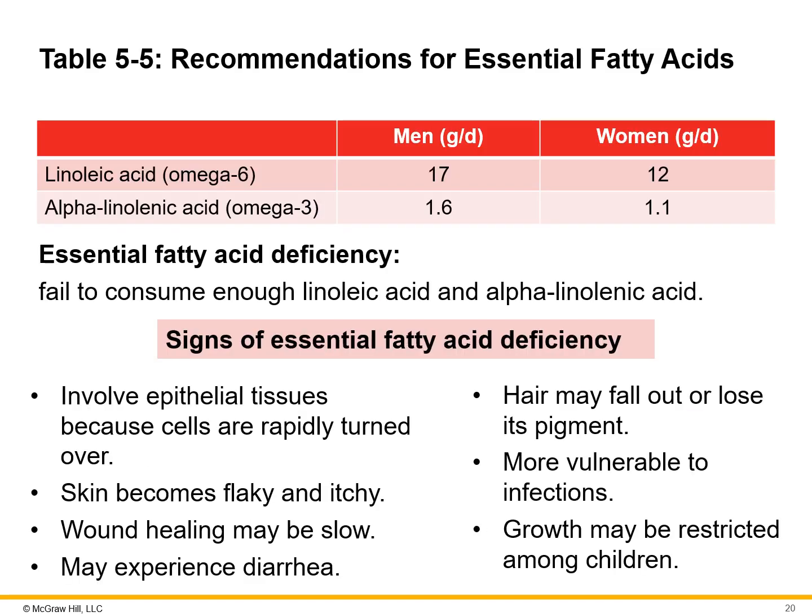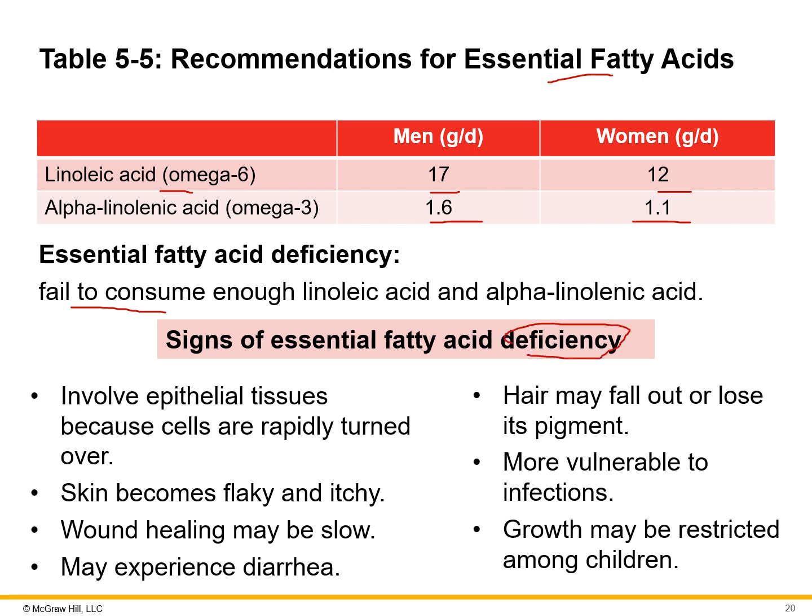All right, so if we look at those essential fatty acids, so the omega-6, men should take in about 17 grams a day, women about 10 or about 12. And then we don't need quite as much of the omega-3, only about 1.6 for men and 1.1 for females. But again, if we fail to consume enough of those, then that's when those deficiencies occur.